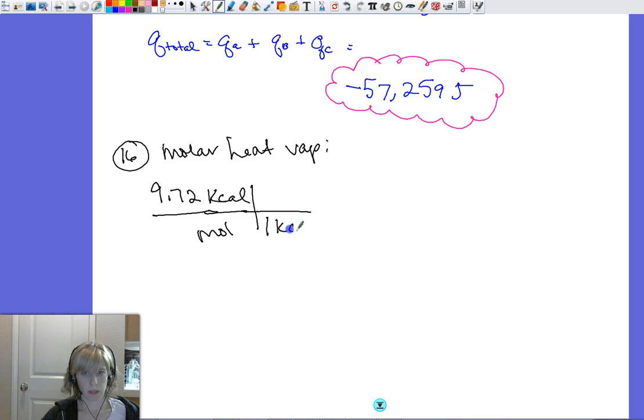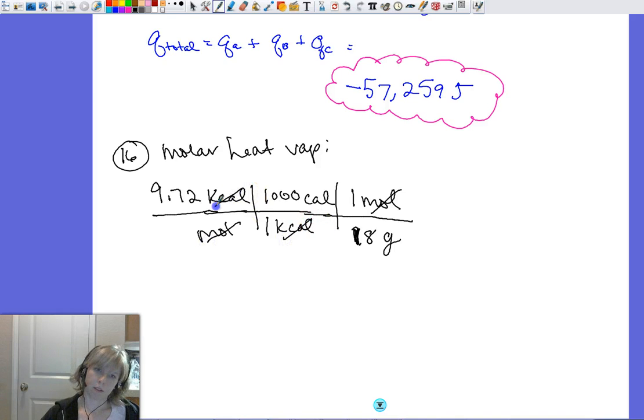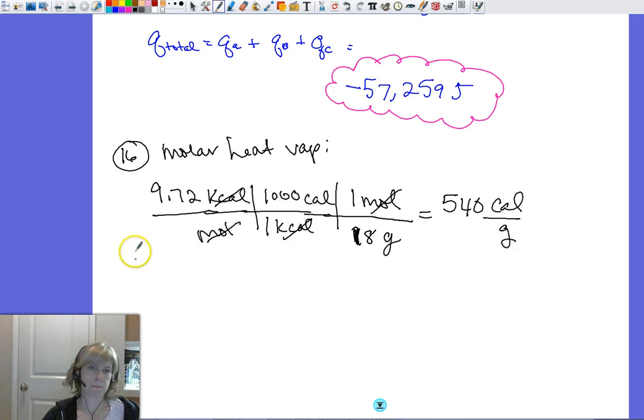In 1 kilocalorie, we have 1,000 calories. And then in 1 mole, there's 18 grams of water. So now our moles cancel, our kilocalories cancel, and we're left with calories per gram. So we get 540 calories per gram.